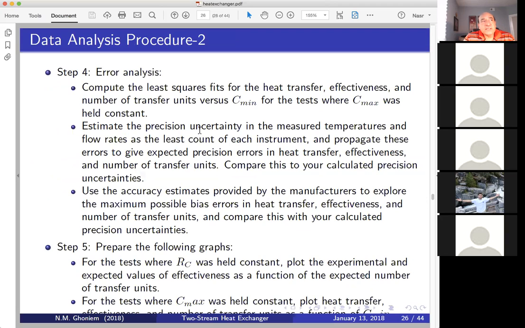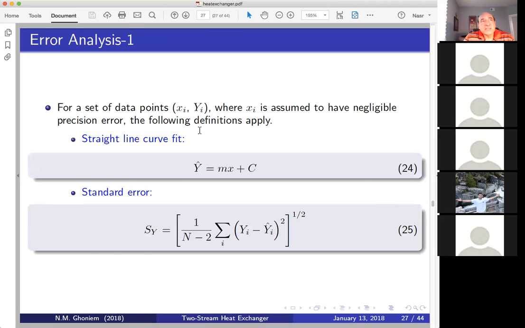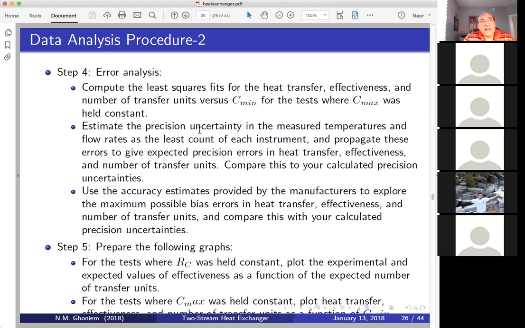So what I wanted to show you is how the results are going to look, just for your guidance. When we plot epsilon versus NTU, we have to have two values, one experimental and one theoretical.